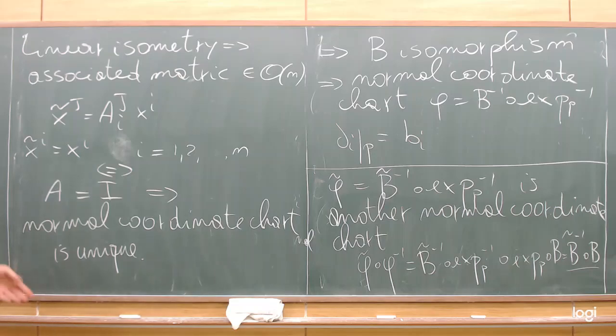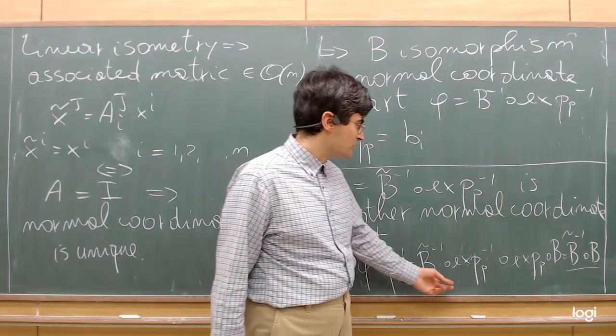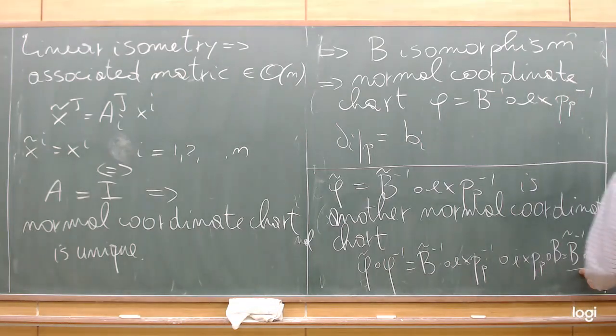Because in that case, from this formula you would get the identity, because B tilde and B would be equal.